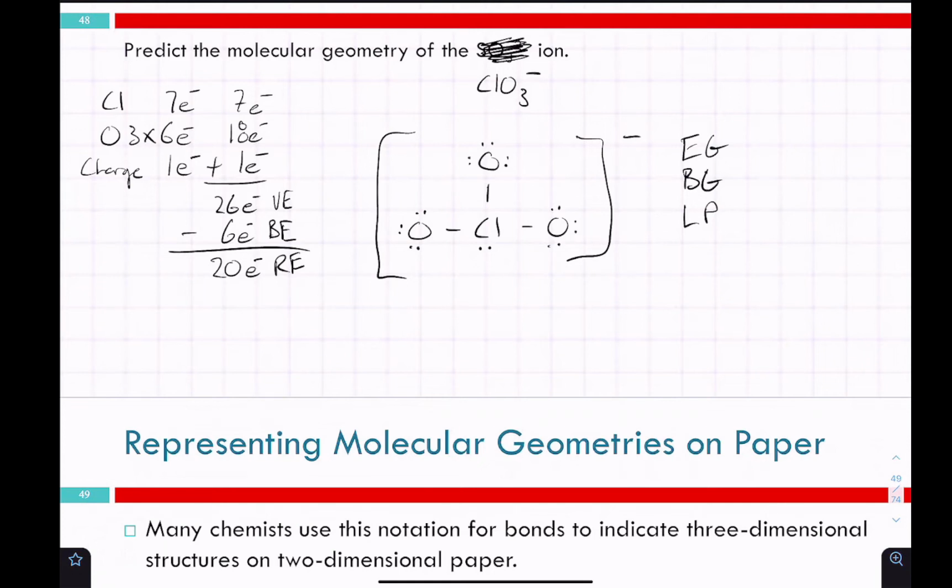So there's 3. Yeah, so it's 4 electron groups because of the lone pair. 1, 2, 3, 4. And then 3 bonding groups and 1 lone pair. So if you go look this one up, it should be trigonal pyramidal.